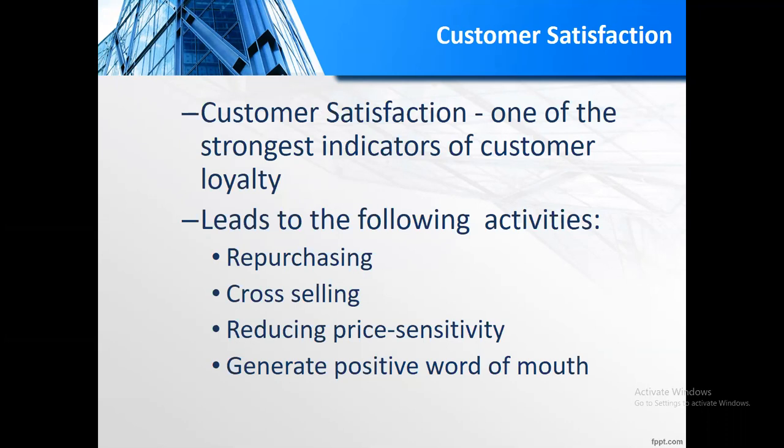Pag loyal yan, guys, pag tumaas yung presyo, medyo pikit mata din yan, no? Of course, to a certain limit. But as we said, yung loyalty of customers reduces price sensitivity, and as we mentioned a while ago, the powerful word of mouth. Uy, pumunta ka dito, masarap yung ano dyan. Mag-spread din like wildfire. So that's the best advertising.